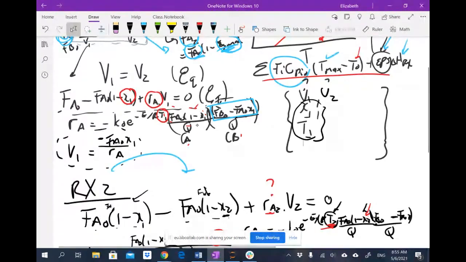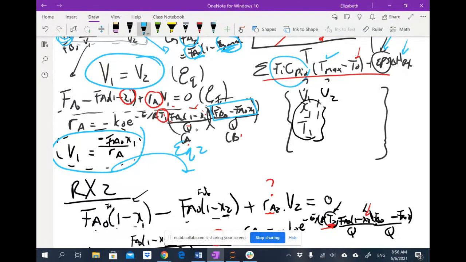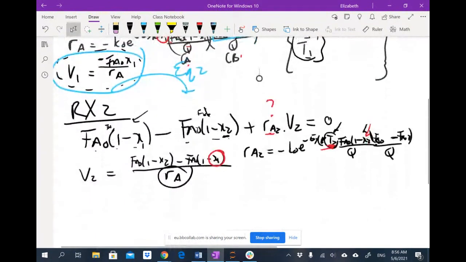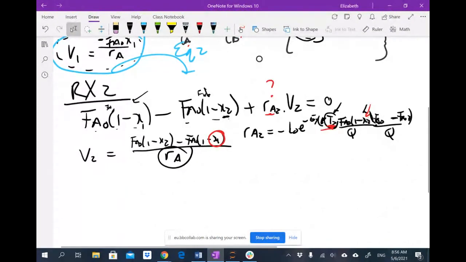So this is certainly an equation. There, I've got my volume 1 is equal to volume 2. I've got my mole balance for reactor 1. So that is my second equation. So I've got equation 2, I've got equation 1. And then I've got in that equation there, where is that?